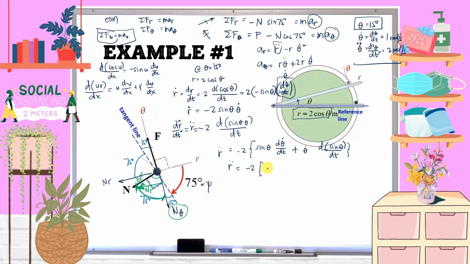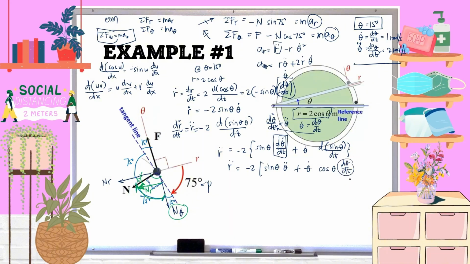So this becomes sine theta. The derivative of theta dot over dt is theta double dot, since this becomes the derivative of d theta squared over dt squared, which is theta double dot. Since theta dot is d theta over dt, it is the second derivative, plus theta dot times the derivative of sine theta, which is cosine theta d theta over dt.